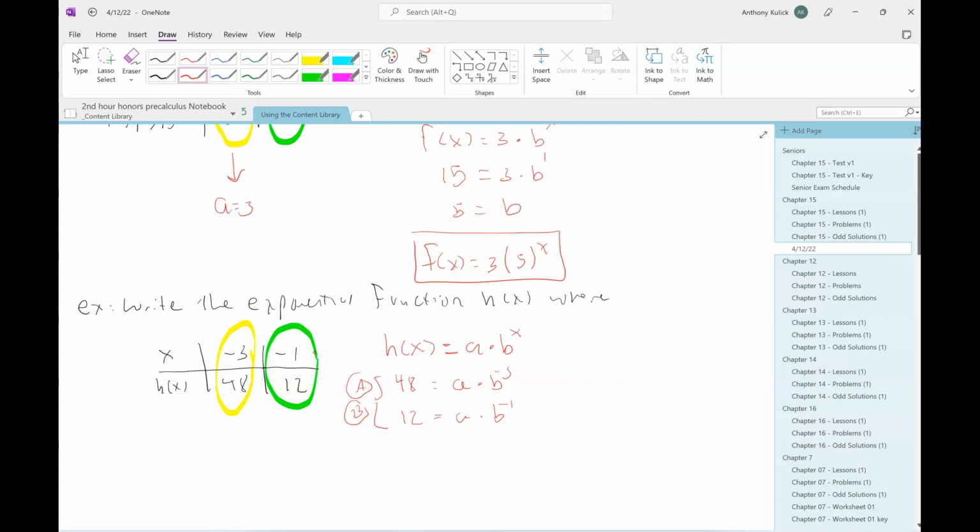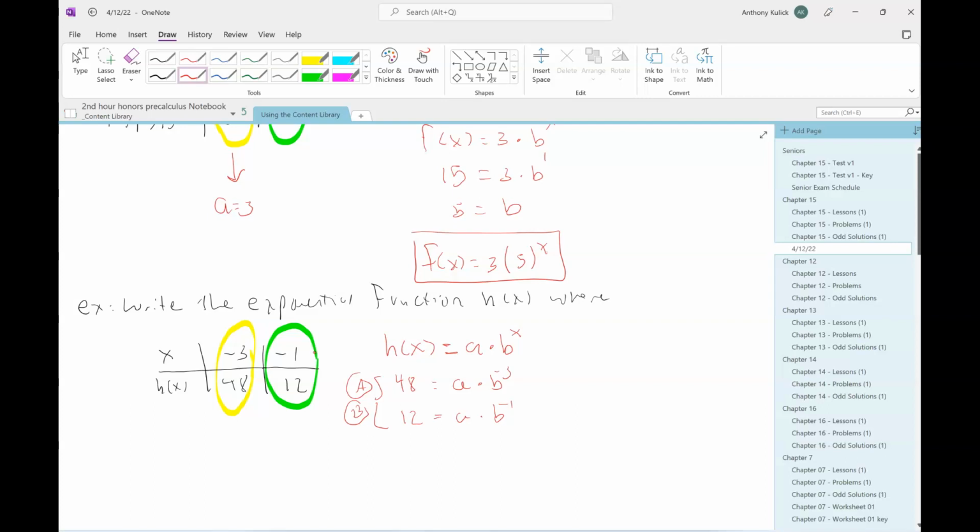Personally, I like to do elimination. Now, this equation setup's a little bit different than the equations we solved in Algebra 2, because you notice that the 2 variables we're solving for are being multiplied rather than added. So when we do elimination, when the 2 variables are being multiplied, we're going to be dividing the 2 equations instead of subtracting. Okay with that?